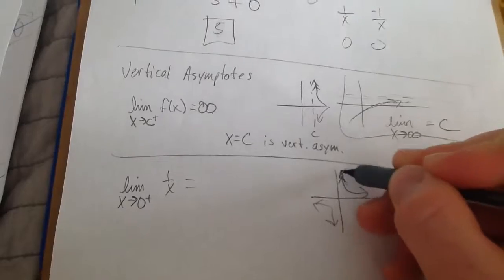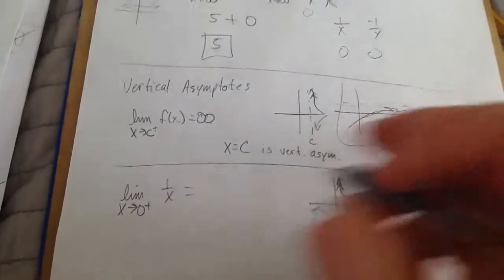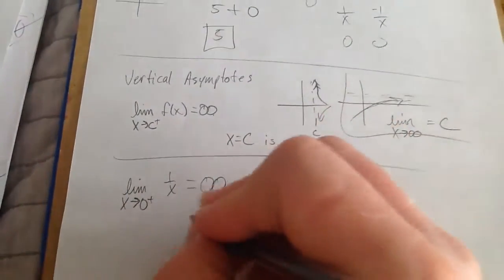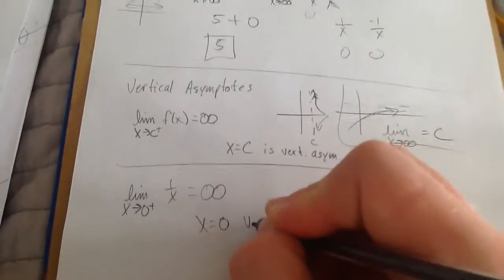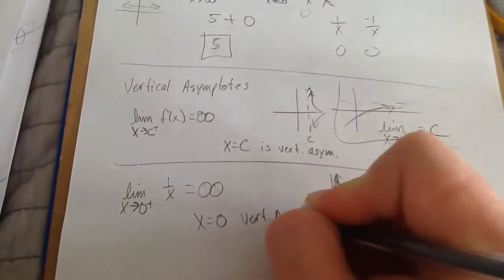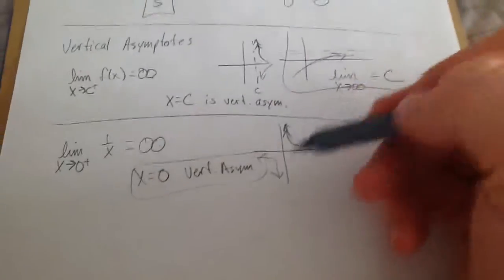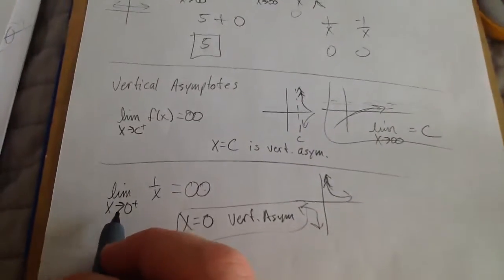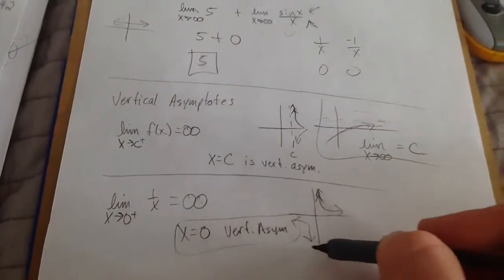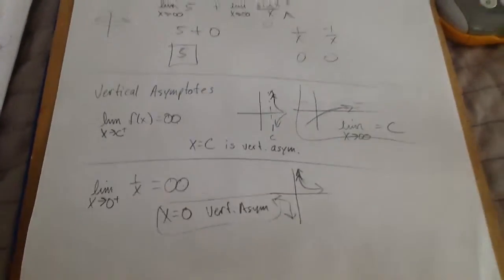It's just going to keep going up and up. The closer I get to 0, it's infinity. That tells me that x equals 0 is a vertical asymptote, which we know on that graph it is. We also could have done the limit as x approaches 0 from the left. We would have got negative infinity. That still tells me x equals 0 is a vertical asymptote.